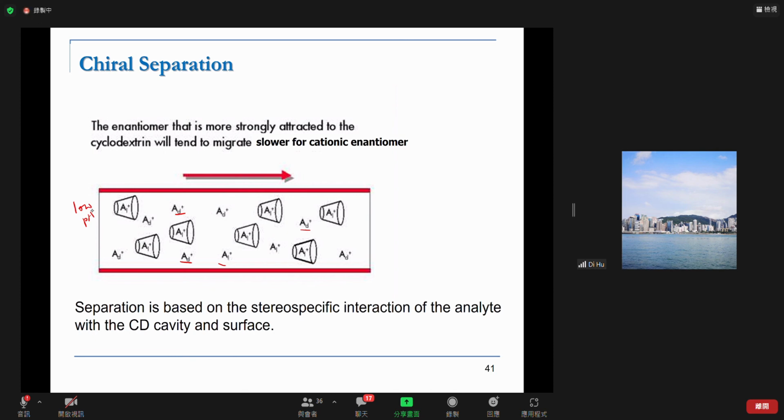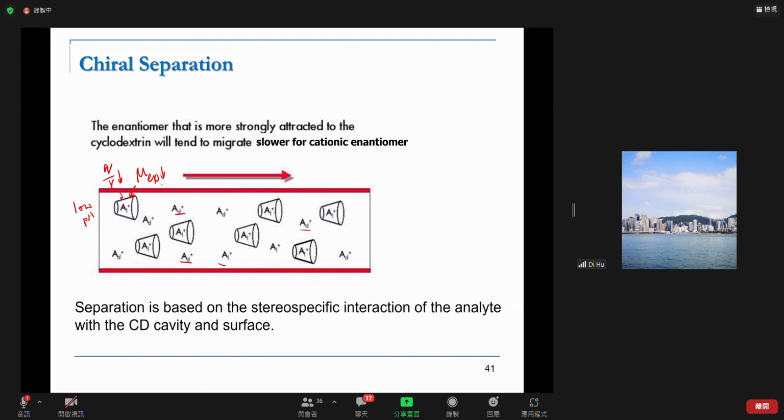And then they have an electrophoretic mobility towards the detector, towards the cathode, right? However, when it interacts with the CD, does the size increase or decrease? The size increases, right? When the size increases, its original mu EP will decrease, because the size increases, so Q over R decreases, right? So mu EP decreases.